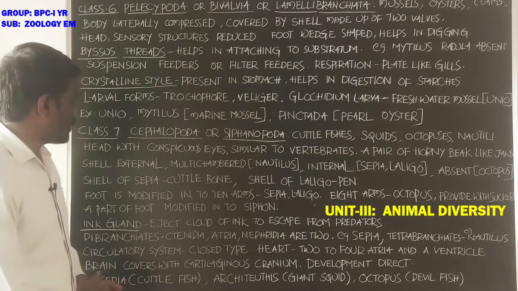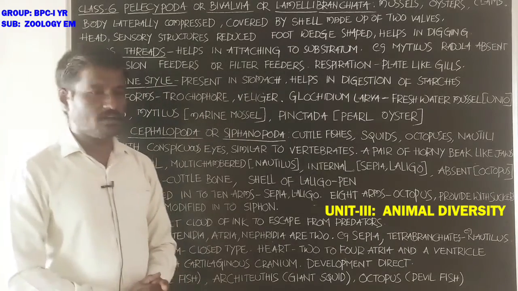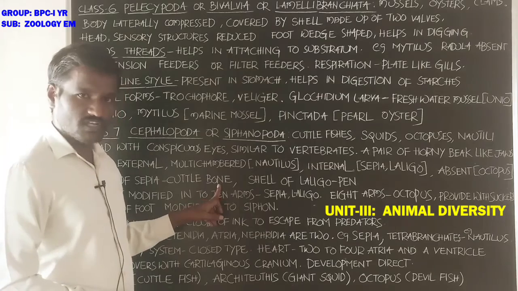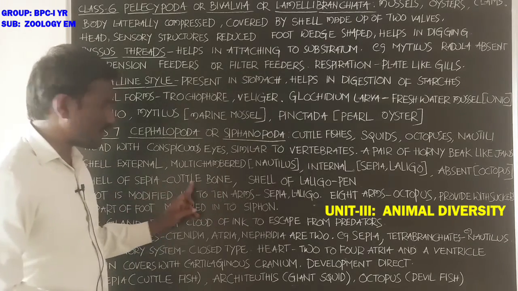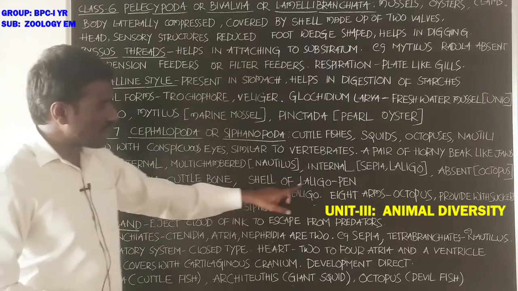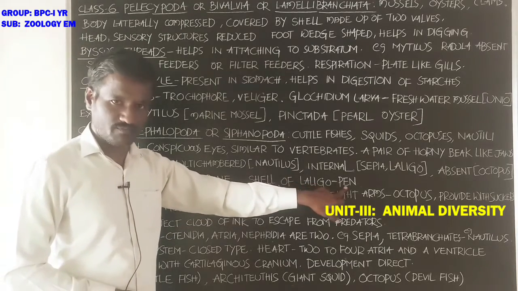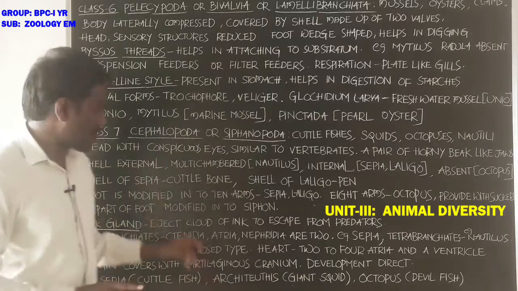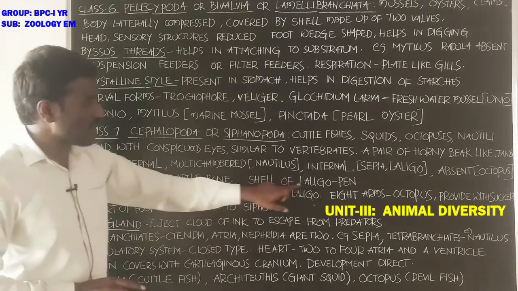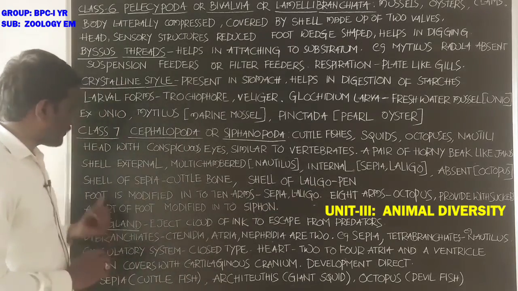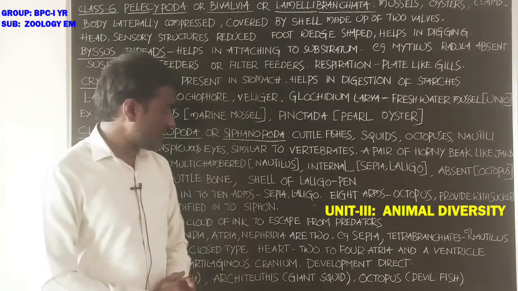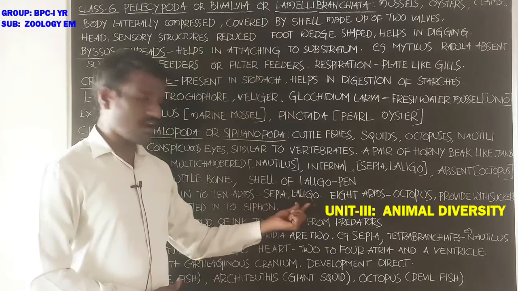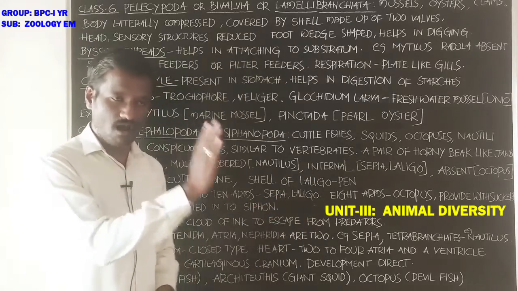Next, shell of the sepia is commonly called cuttle bone. Shell of the loligo is commonly called pen. Foot in these animals is modified into 10 arms in sepia and loligo.